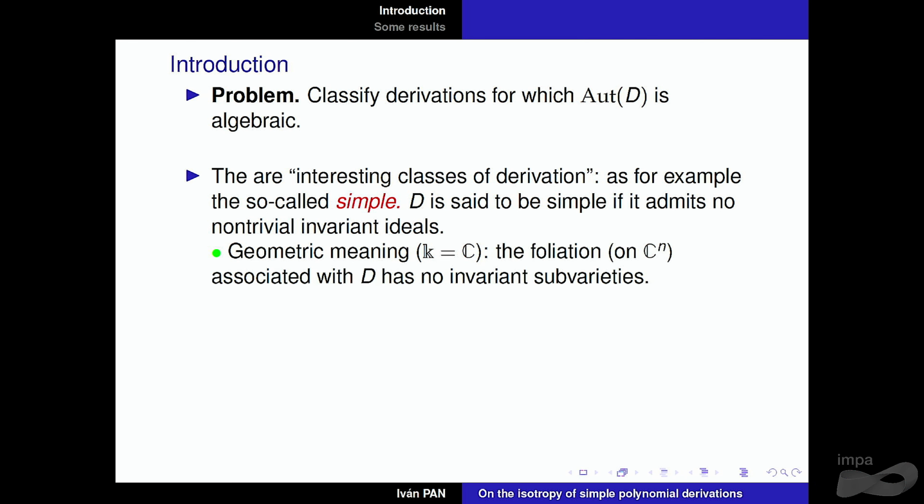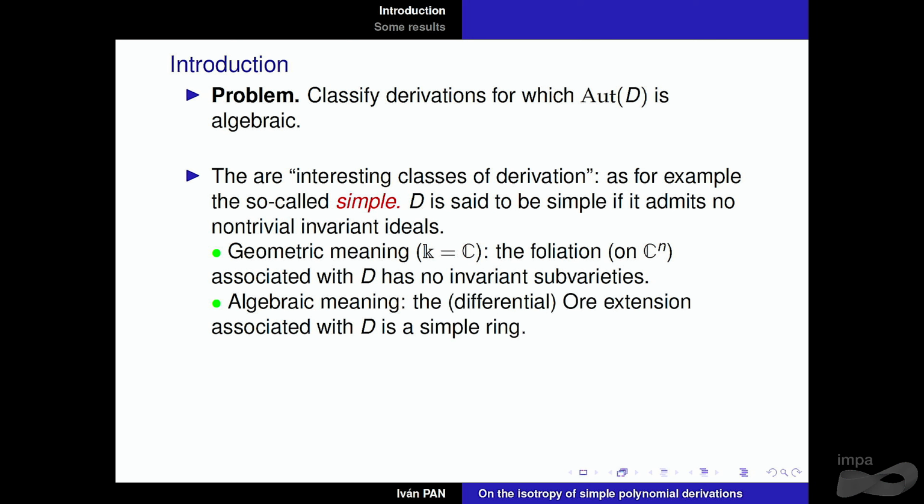The foliation associated to this vector field has no invariant subvarieties. Okay? This is the significance of being simple. There is also an algebraic meaning, which is interesting, I think. That is the following: the differential Ore extension associated with D is a simple ring. Let me explain that, because it's interesting to observe.